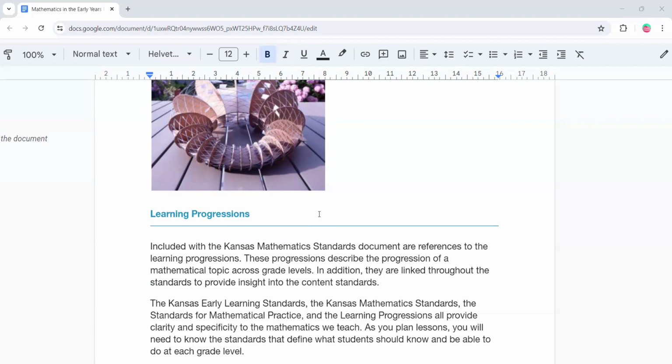The main aim of understanding the mathematics standards is that when you plan lessons for your classroom, the standards show you what the students should know and what they should be able to do at each grade. If it's grade one, what students in grade one should know, should understand, and should do at this particular age. It's more like milestones.